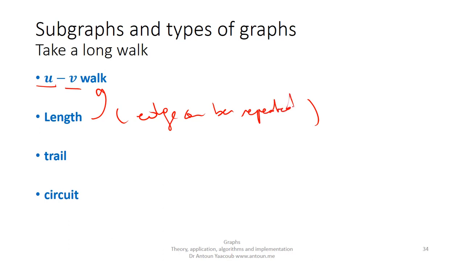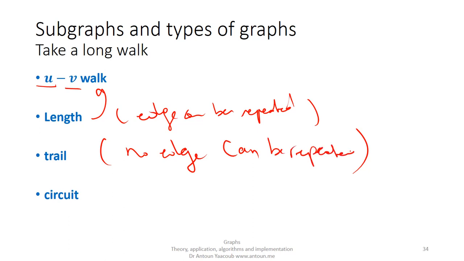A trail is when no edge is repeated, as if you are hiking. Obviously in hiking you don't repeat segments of road, so no edge can be repeated. In a UV walk, you are walking with no purpose, so you can repeat, you can loop on yourself, and this is okay.